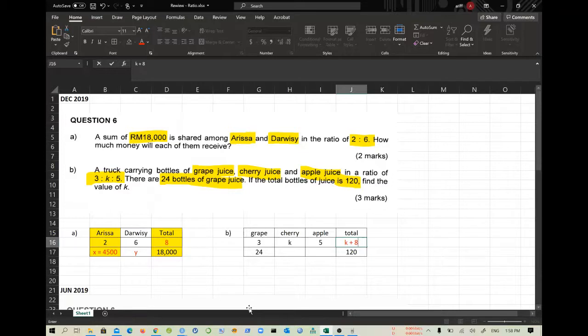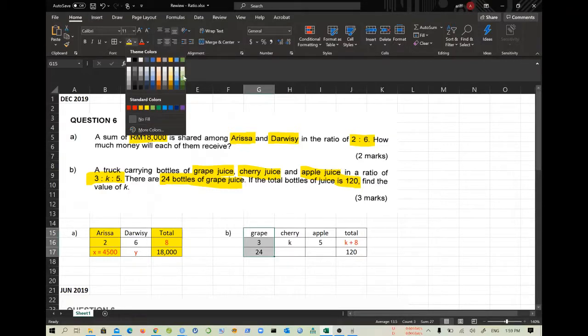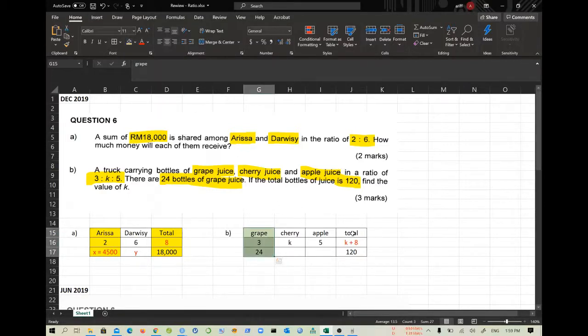So what you can do right now is to choose two columns. In this case, you can choose grape. Let me color this as green, and total. Why do I choose this?